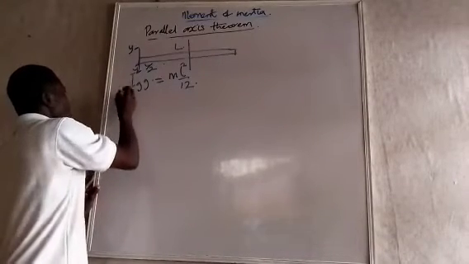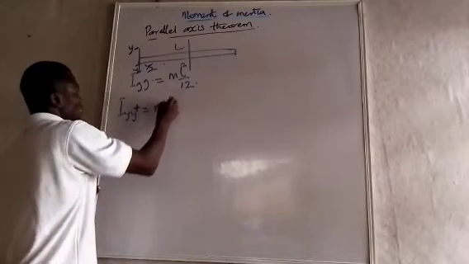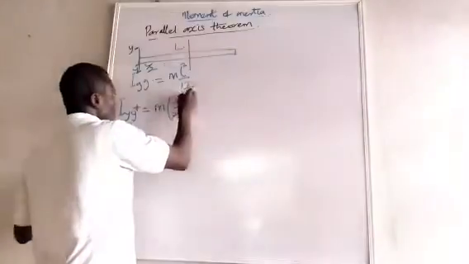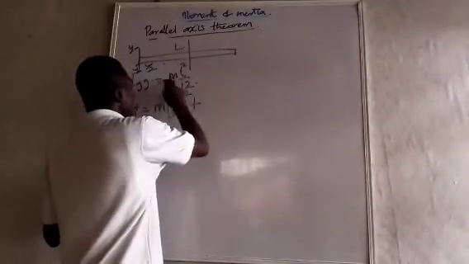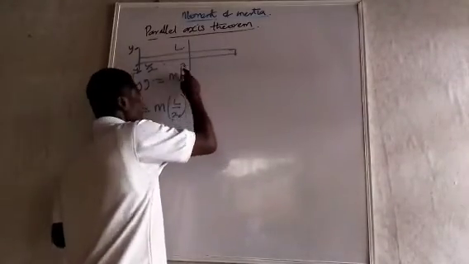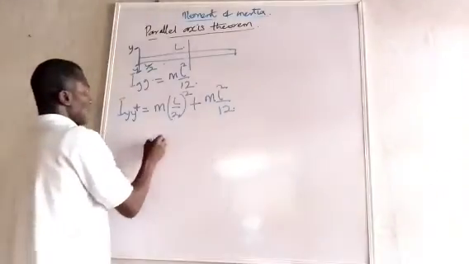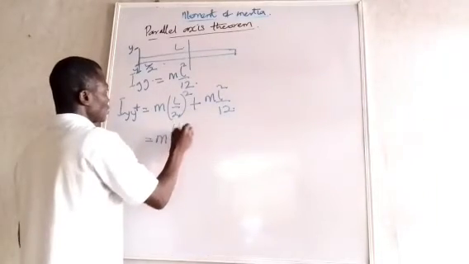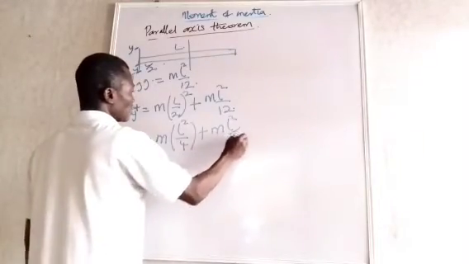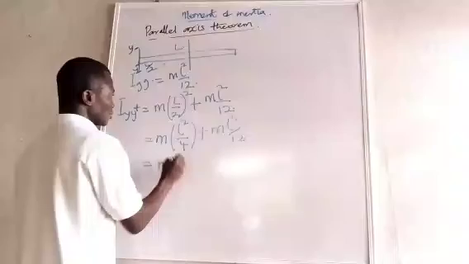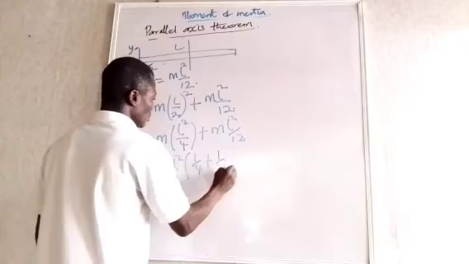So I y will be equal to M into (L over 2) squared, because that is the distance from the center of gravity, plus the moment of inertia about the center of gravity, which is M L squared over 12. So that gives us M L squared over 4 plus M L squared over 12, which is M L squared into (1 over 4 plus 1 over 12).